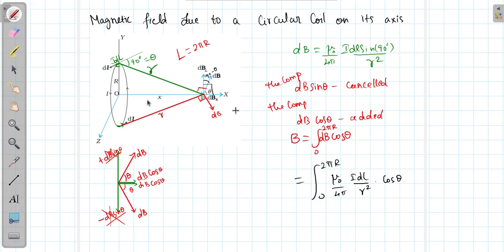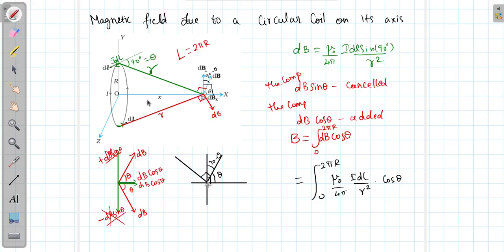So this one is theta, and here it is 90 degrees, therefore it is 90 minus theta.